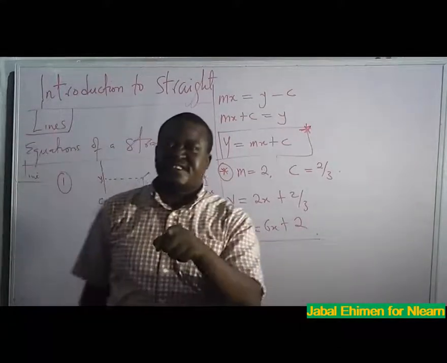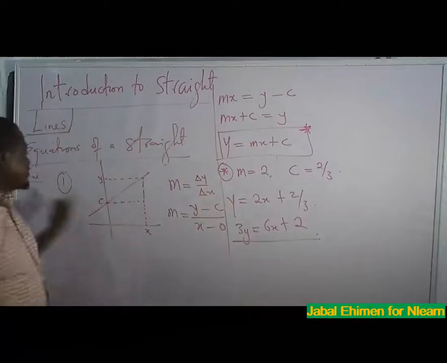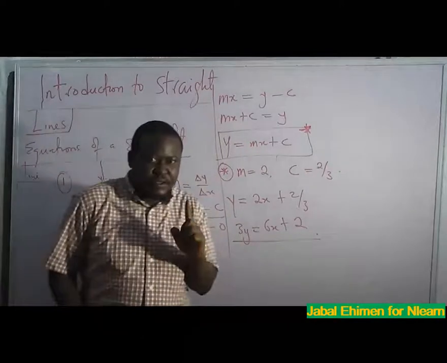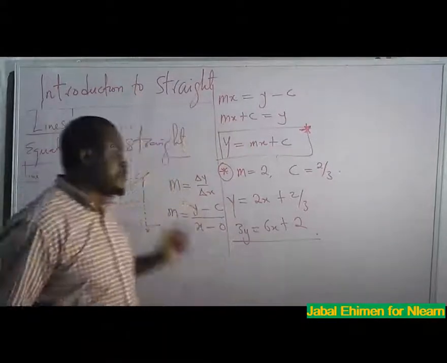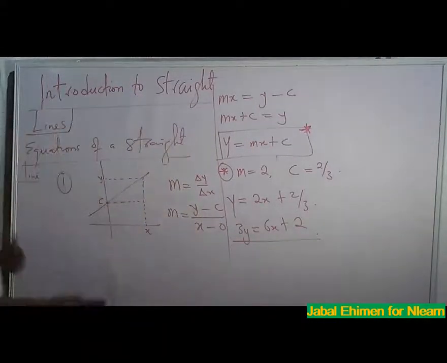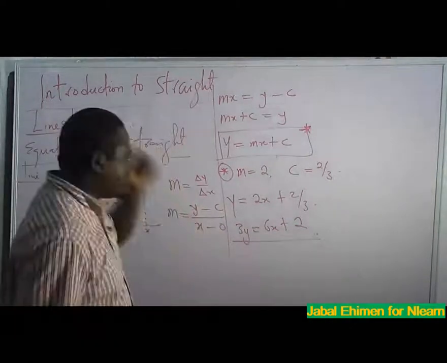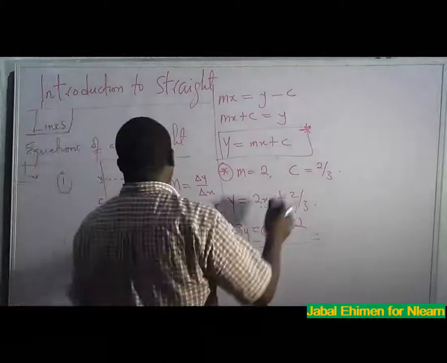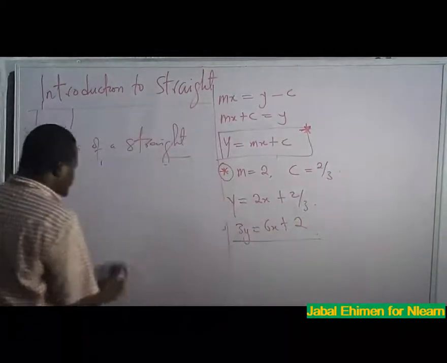We'll now consider another one. This is the intercept, not intercepts, just intercept form. Then we have the 1-point form, we have the 2-point form, so on and so forth. So now let's consider the other one, which is the 1-point form.